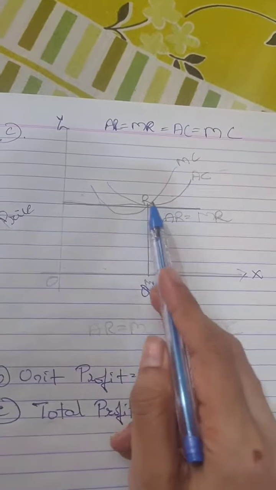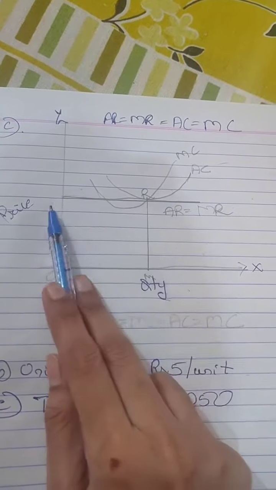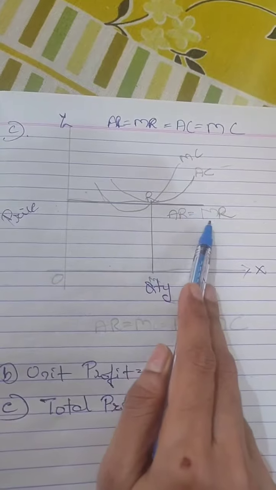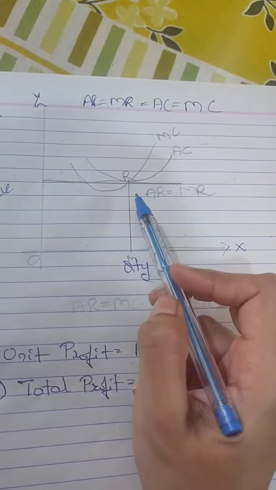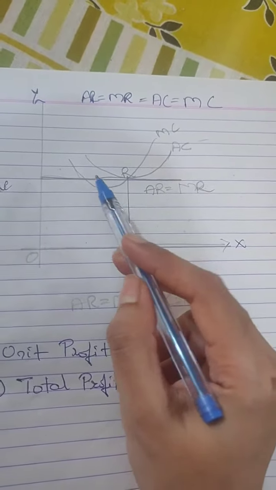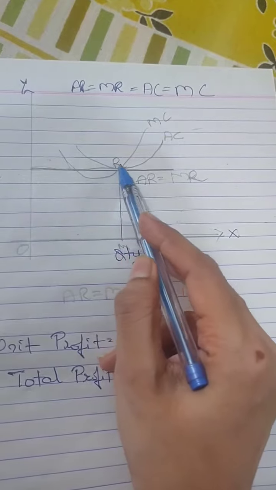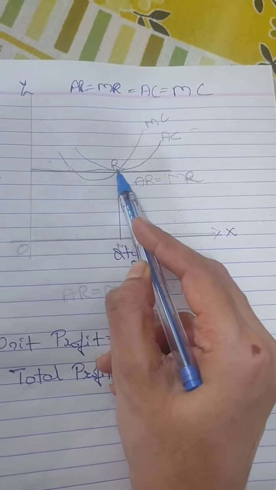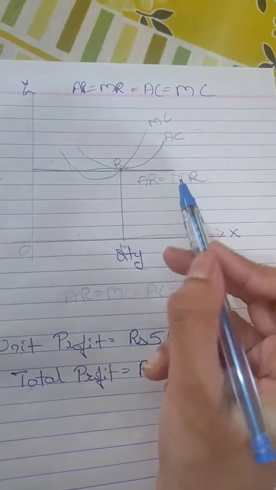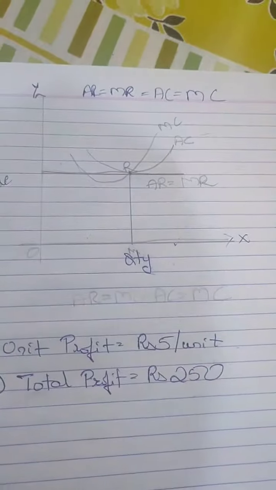This straight line is your AR and MR curve. Your MC curve should cut the marginal revenue from below, that is here, and your average cost is here. The point where all four of them intersect will be your equilibrium. This is shown with the help of a diagram.